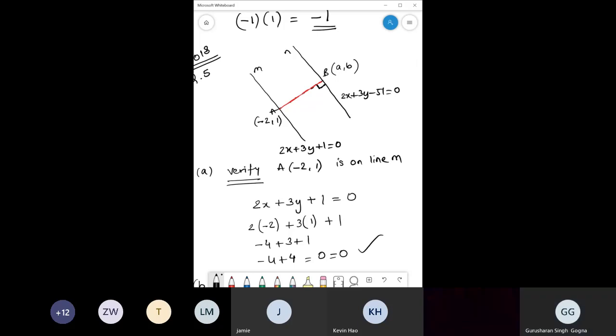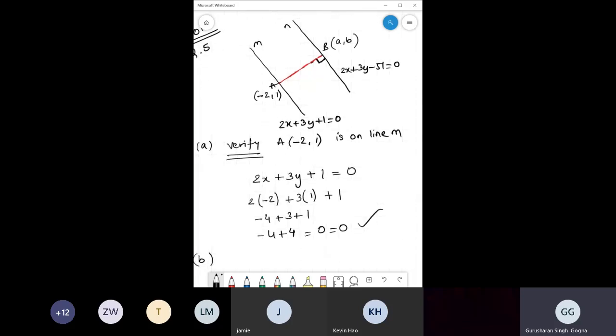So how will you do this question? Anybody has any idea how to do this question? How to find out point B? Anyone? You need a slope.